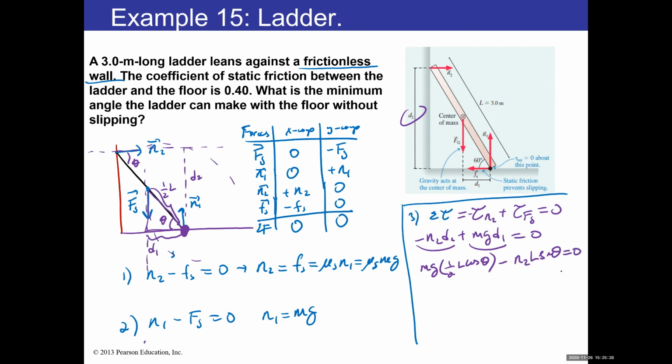That's what I end up with: mg 1/2 L cosine theta equals N2 L sine of theta.